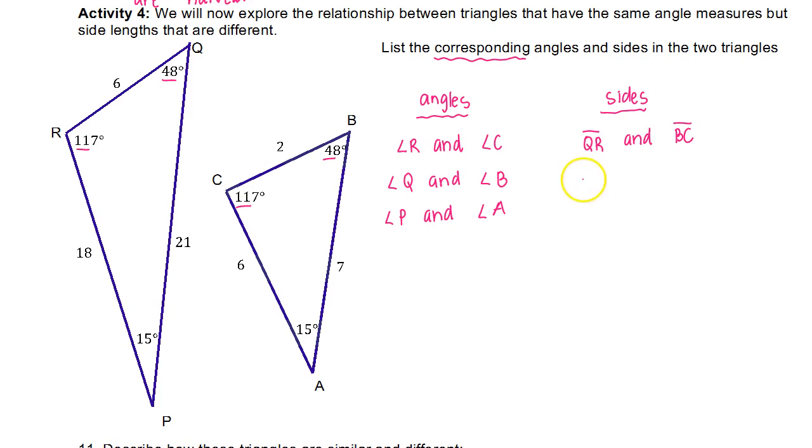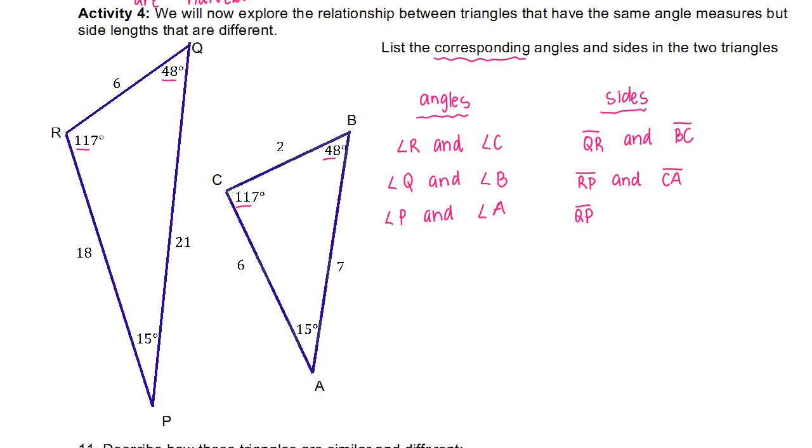Back to the larger triangle. Side RP along the left side is going to be corresponding with side CA in the smaller triangle. And I know that because those sides go from 117 degrees down to 15 degrees, again, if I'm using those angles to help me navigate around the triangles. The last pair of corresponding sides would be side QP, or I could call it side PQ, but depending on how I name that one, I have to name the side in the smaller triangle the same way.